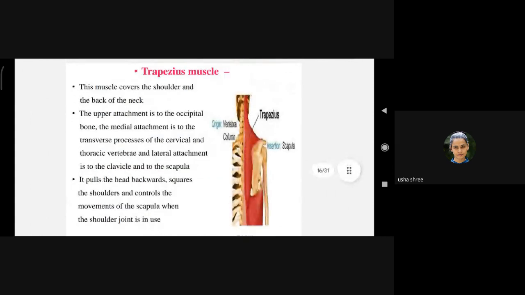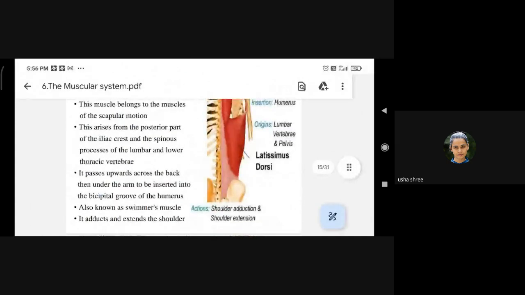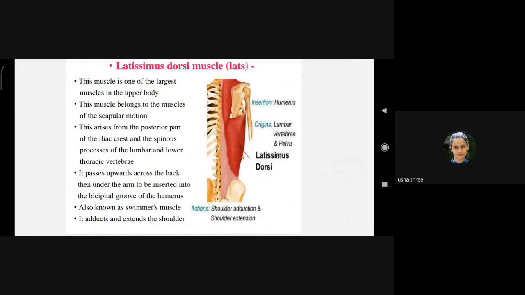Now, trapezius. Ma'am, can you repeat the last 3 points of this latissimus dorsi? Okay. It passes upward across the back, then under the arm to be inserted into the bicipital groove of the humerus.